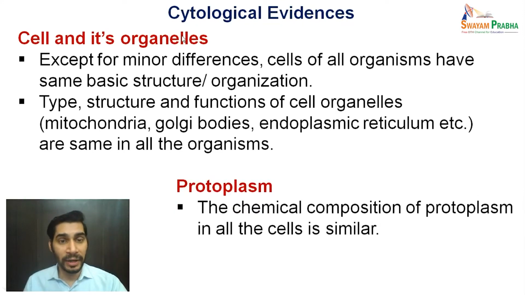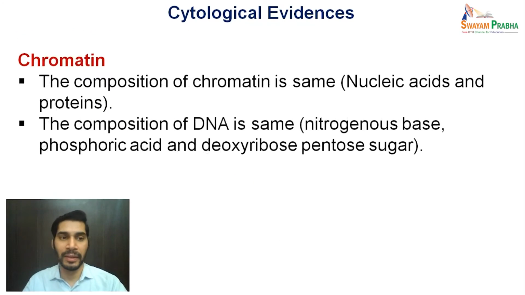Similar to cells and organelles, if you compare the chemical composition of protoplasm in all the cells, irrespective of which class or organism they belong to, it's similar. Chromatin, which is made up of nucleic acids and proteins, is also the same across species or organisms. The composition of DNA is also the same, comprising nitrogenous bases, the ATGC bases, the phosphoric acid and the deoxyribose pentose sugar.